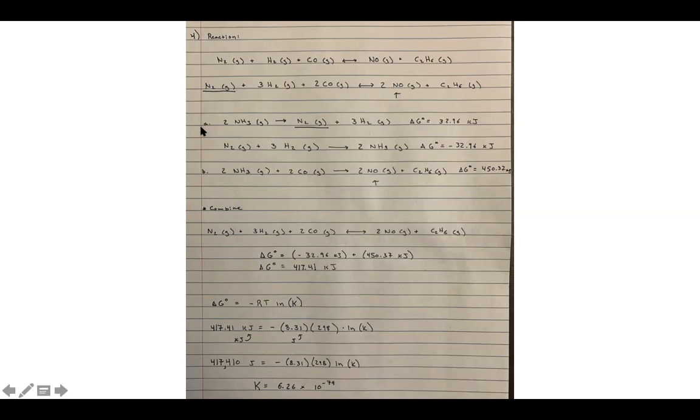In sub-reaction A, the first reaction given in the problem, we had 2 moles of ammonia going to nitrogen gas and hydrogen gas.